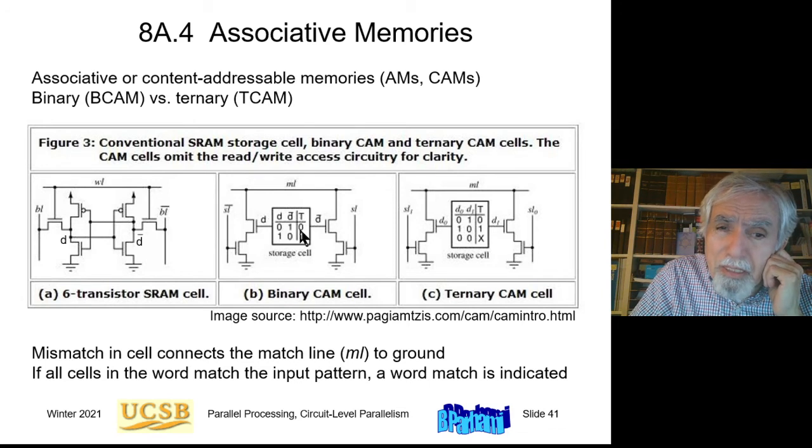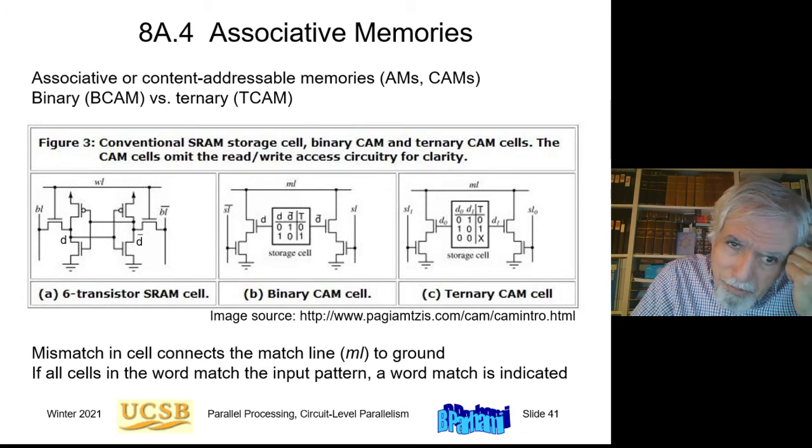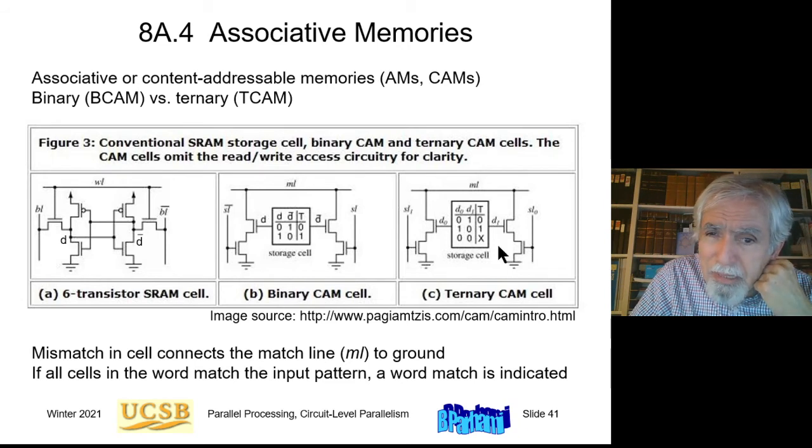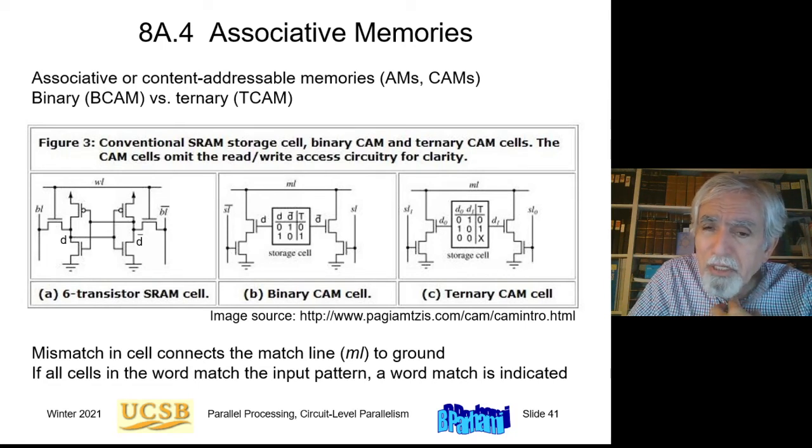So this is basically a binary CAM or binary AM. This is a ternary or 3-state CAM or AM that has a lot of applications in modern digital circuits. I'll show you some of them later.